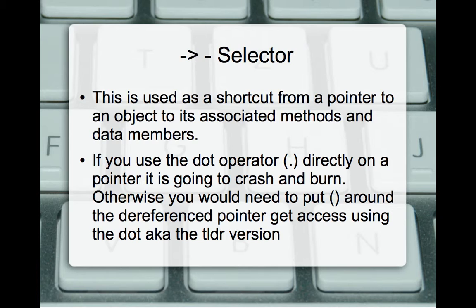So the selector operator makes it so we can easily access the methods and data members of an object when we have only a pointer to it, rather than having to dereference the object first, make sure we catch it with parens so it contains that object as a whole, and then do the dot on it. It's a nice little bit of shortcut code that we'll be using all the time for referring to the interior methods of objects and their data members.